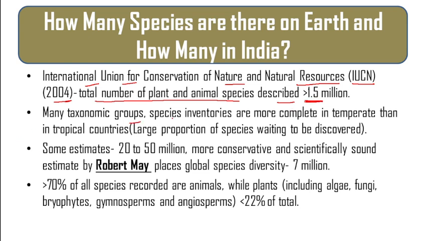In many taxonomic groups, species inventories are more complete in temperate than in tropical countries. Now, what does this statement mean? It means that in the tropical region, there are many species which have not yet been discovered or named, but in the temperate region, because diversity is low, almost all the species have been discovered if we compare the temperate region to the tropical region.